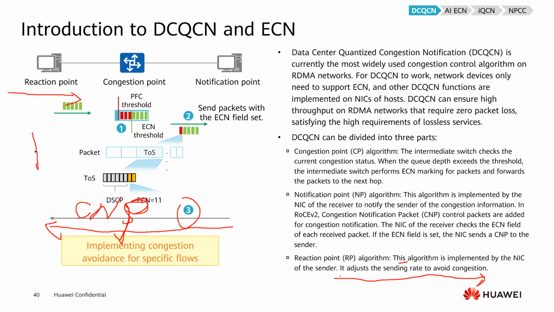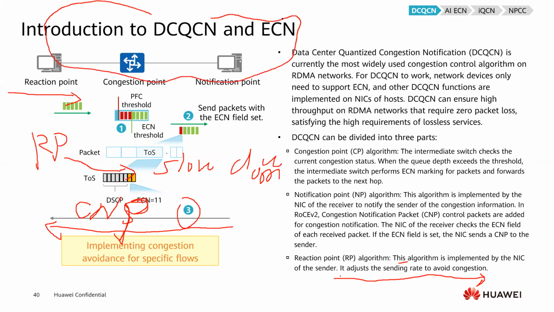When the RP receives the CNP, it will slow down the traffic rate. Okay, this is DCQCN and ECN. This is an important part.